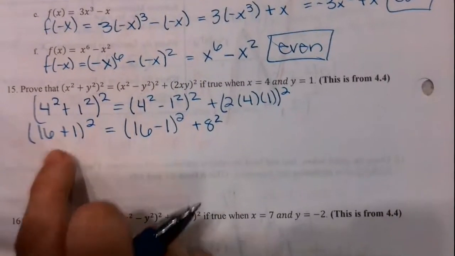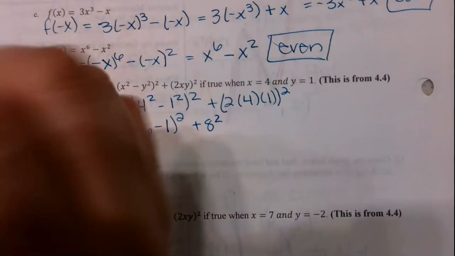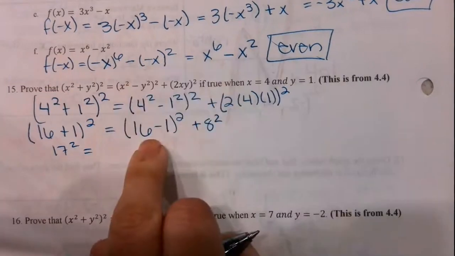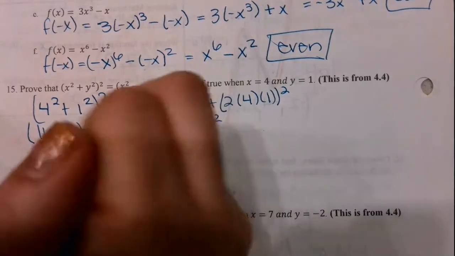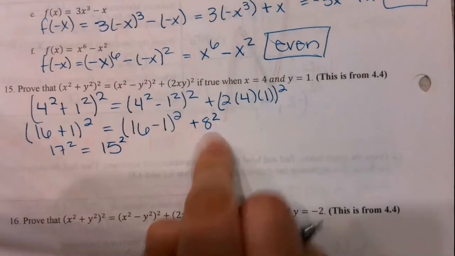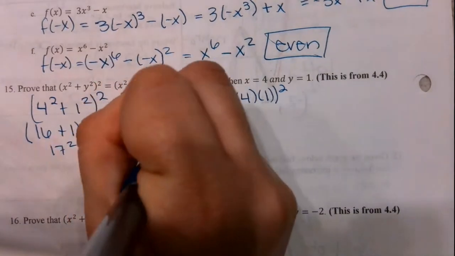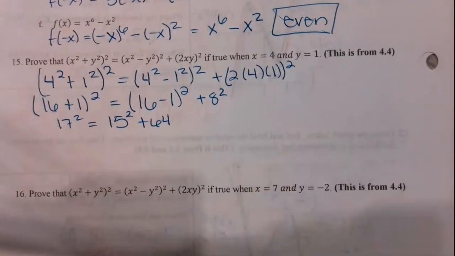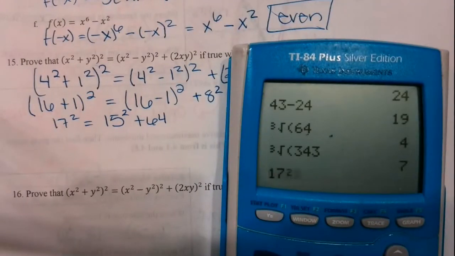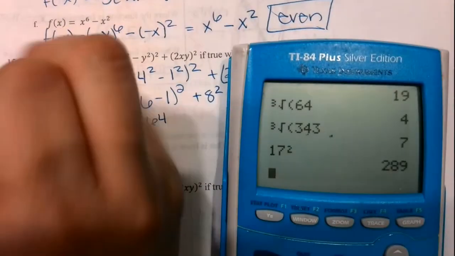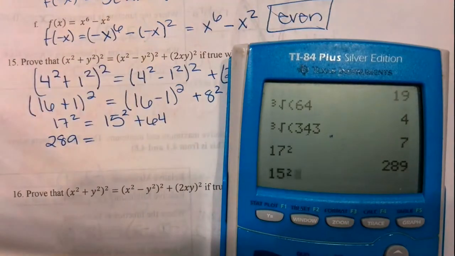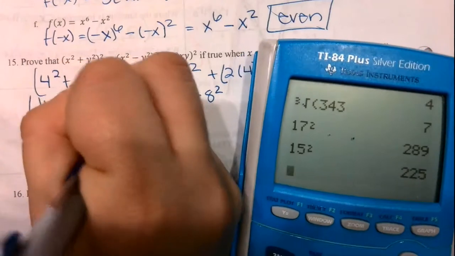Okay. On this side, I have 16 plus 1, which gives me 17. Over here, I have 16 minus 1, which gives me 15. 8 squared is 64. Then I don't know 17 squared. 289. Don't know 15 squared. 225.